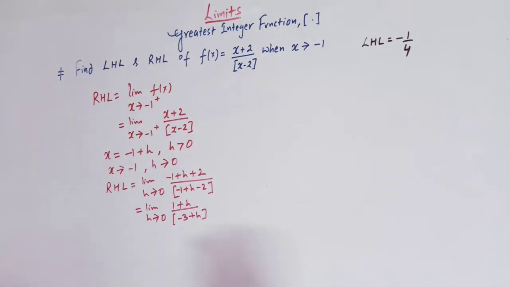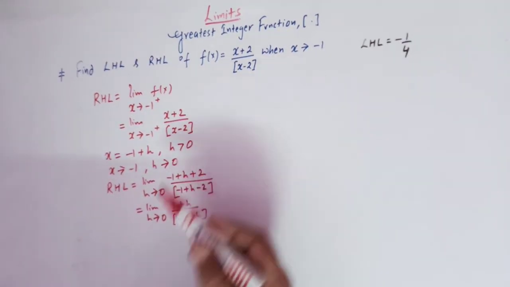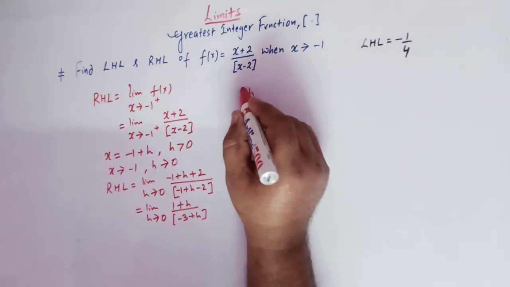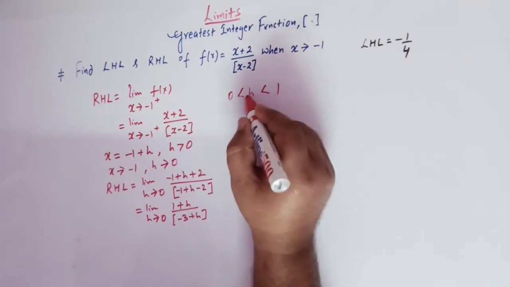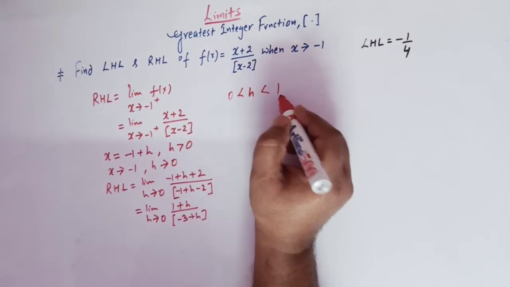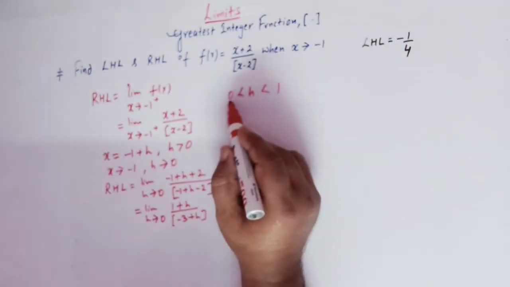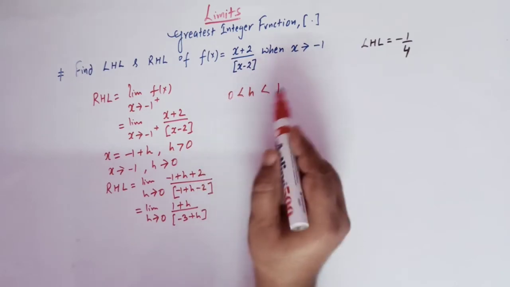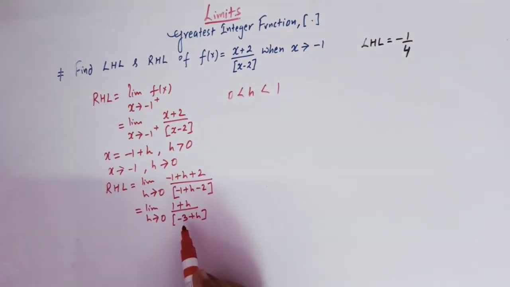Okay, so now we'll adopt the same method to assign the value to this quantity, that is greatest integer of minus 3 plus h. So see, h lies between 0 and 1, right? So h is a very small quantity, but it lies between 0 and 1. So now what we will do, we'll add minus 3 throughout this inequality, because we want to find the quantity minus 3 plus h, right?